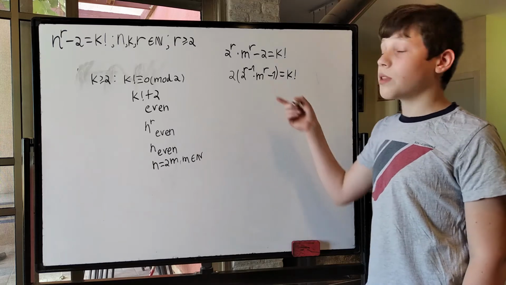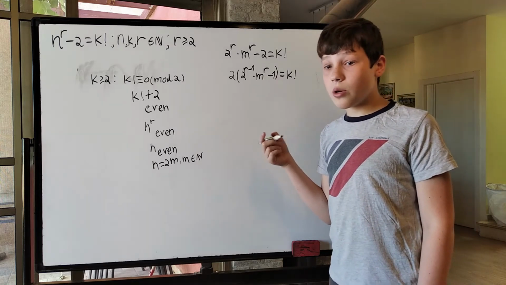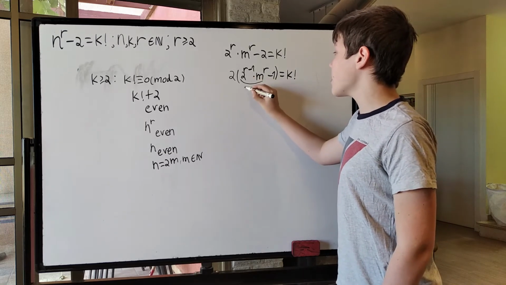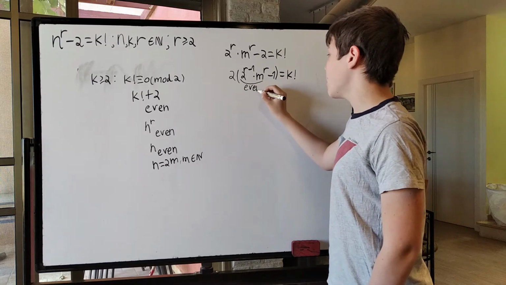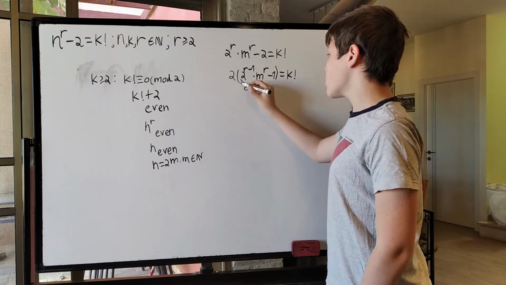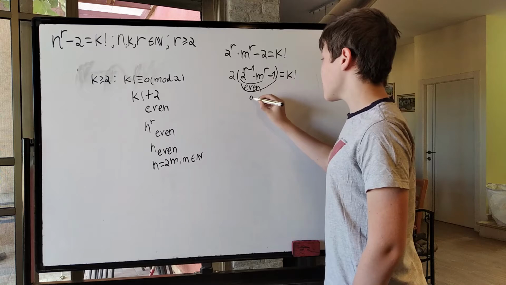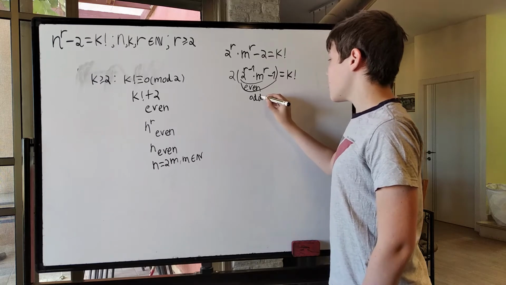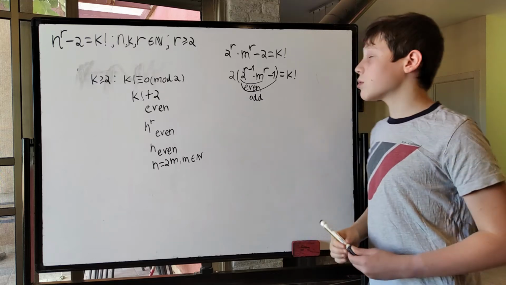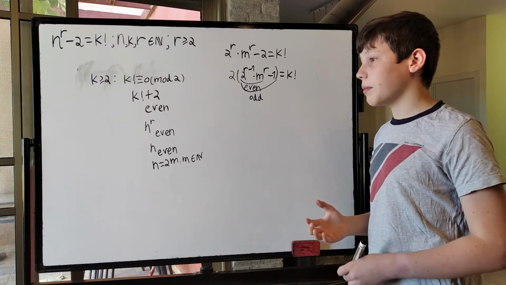And because 2 to the r minus 1 we showed is even, that means that this entire thing is even. An even number minus 1 is odd, so this whole bracket is odd, meaning that we have 2 times an odd number is equal to some natural number factorial.